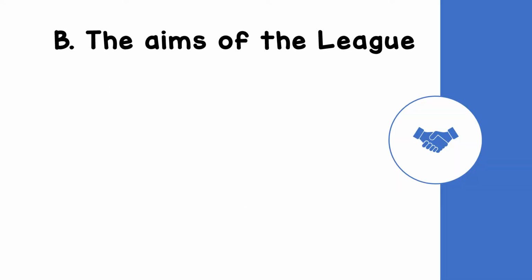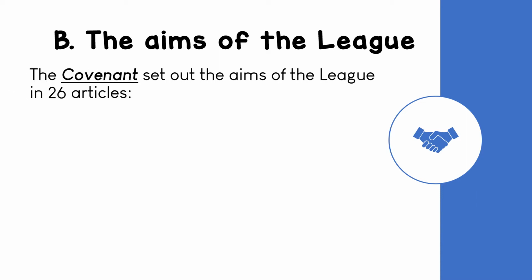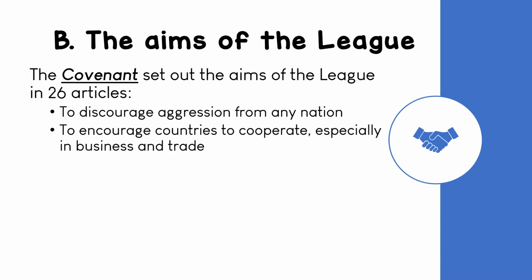Now we look at the aims of the League of Nations, which were set out in the Covenant. It was divided into 26 articles, and the main goal was to discourage aggression from any nation, to prevent future wars. The League of Nations also wanted to encourage countries to cooperate, especially in business and trade.